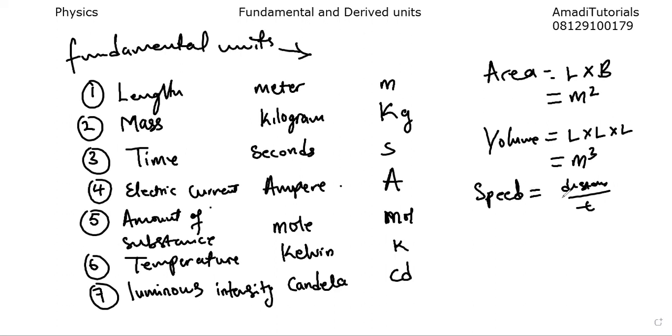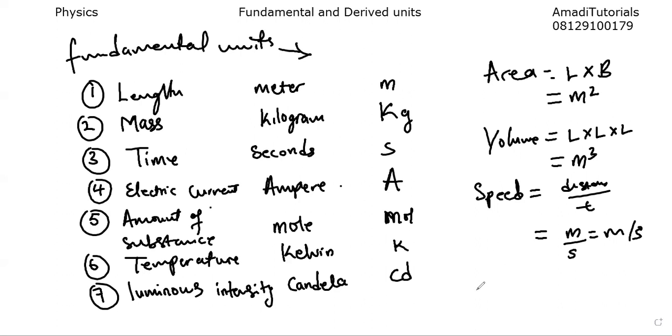You see, time is a fundamental quantity, distance is a fundamental quantity, so when you combine them, it gives you a derived unit. The unit for distance is meter, the unit for time is seconds, so the unit for speed will be what? Meter over seconds, or meter per second. So when you combine these fundamental units, you're able to get a derived unit.